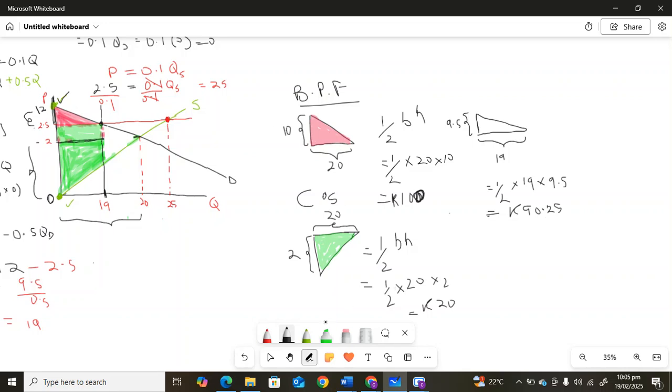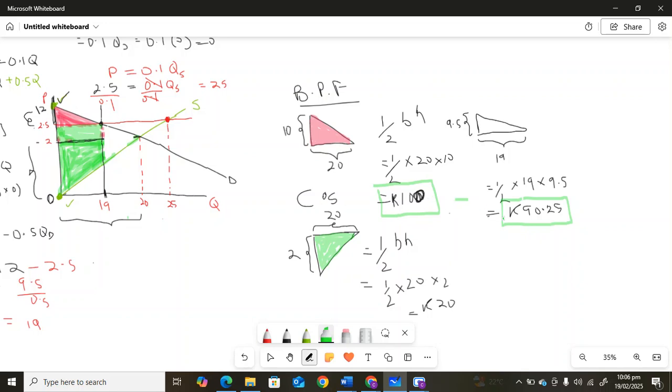Okay. So, colleagues, we can see that before the price floor, surplus was 100 kwacha. After the price floor, it has dropped to 90.25. So we just have to find by how much it has dropped.